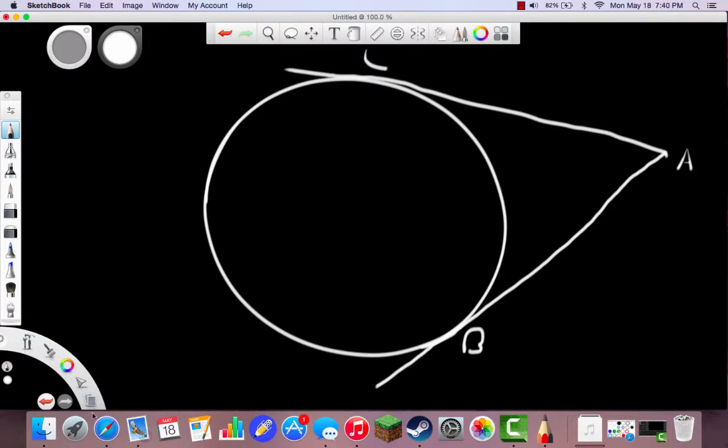We see that it intercepts two arcs, which together make the entire circle. So arc CB, and I should give this one CBD, and arc CDB, which is the major arc, that's this whole thing.